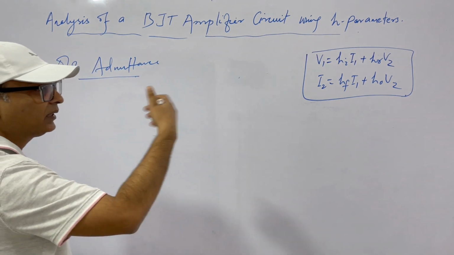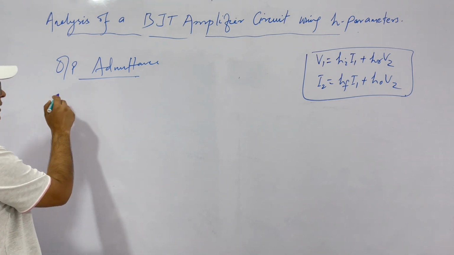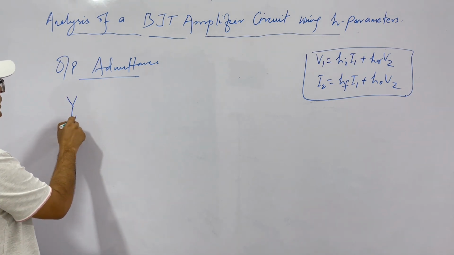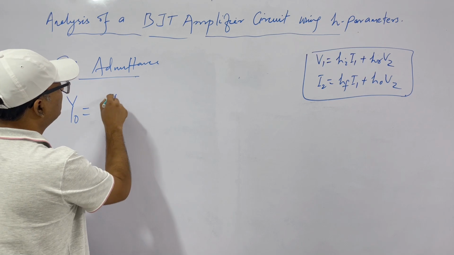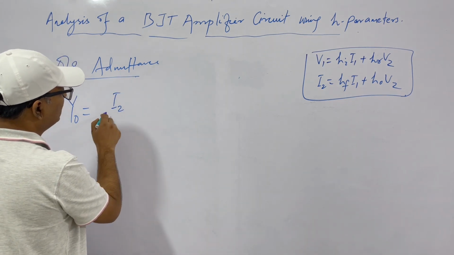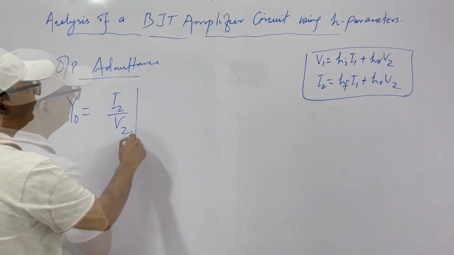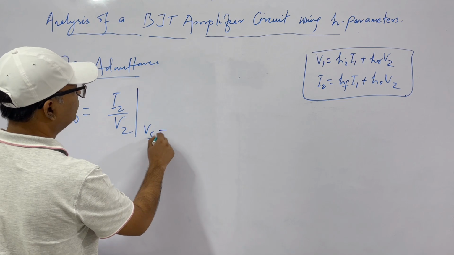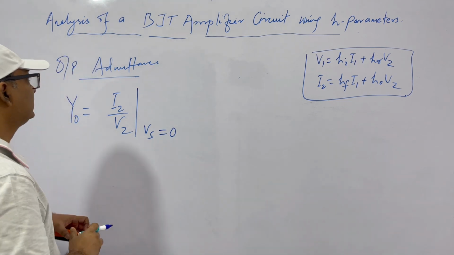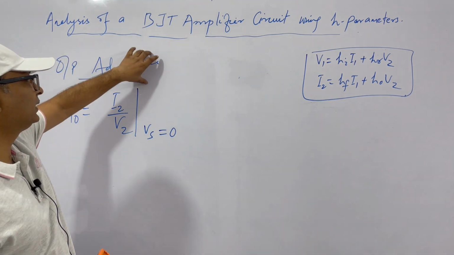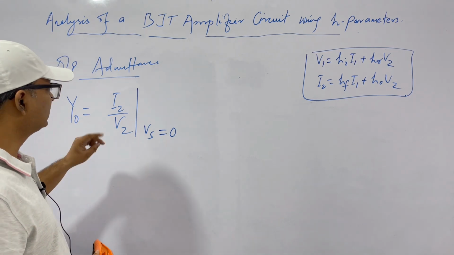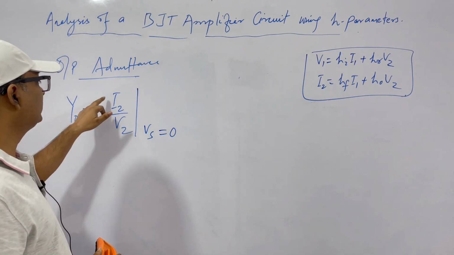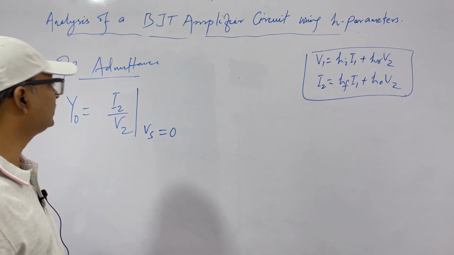Instead of output impedance, the convention is to take output admittance. This will be I2, the output current, by V2 at source voltage equal to 0. So this is the definition of output admittance, that you short circuit the input source voltage. So Y0 is I2 by V2 at Vs equal to 0.